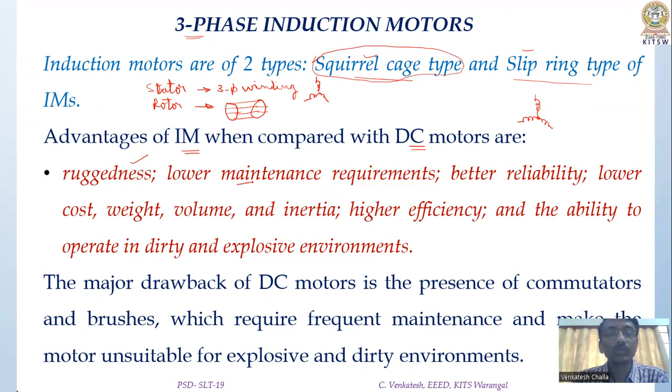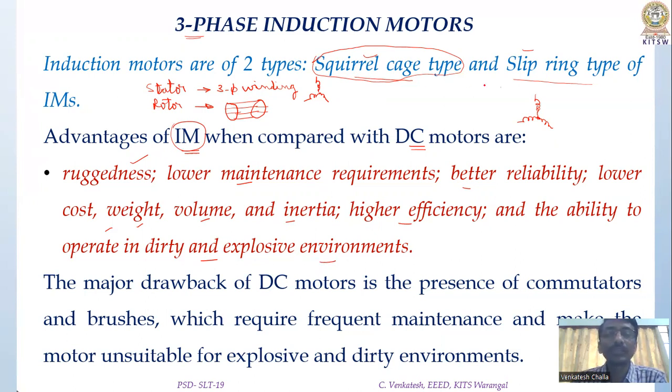Lower maintenance requirement, better reliability, lower cost, weight, volume, and inertia. So as compared to DC motors, induction motors have a very large number of advantages. Because of the small size and fewer components, the machine has high efficiency, and has the ability to operate in dirty and explosive environments.